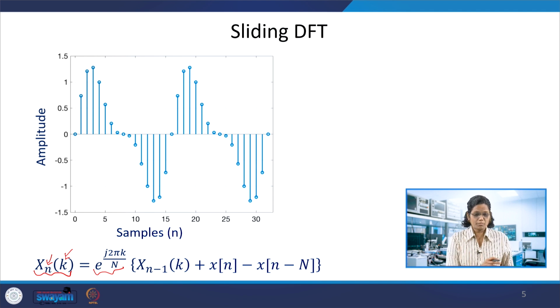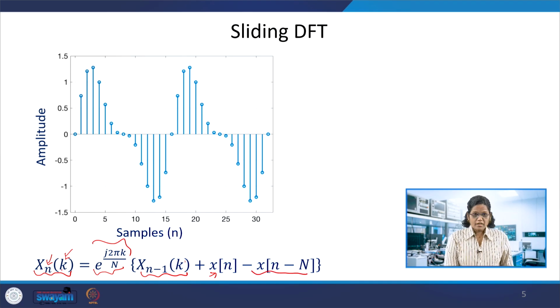In our previous example we took 3, so that is becoming 1. So the phase should be adjusted by this much, e^(j2πk/N) for the next one, and then X_(n-1)(k), the previous instant DFT, and I add the 16th sample and subtract the 0th sample.